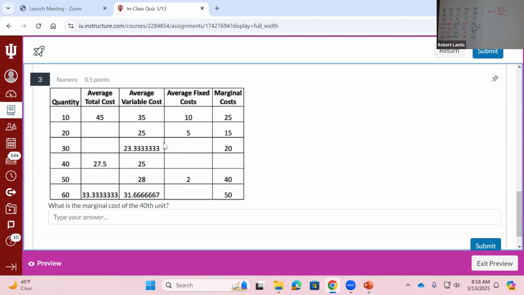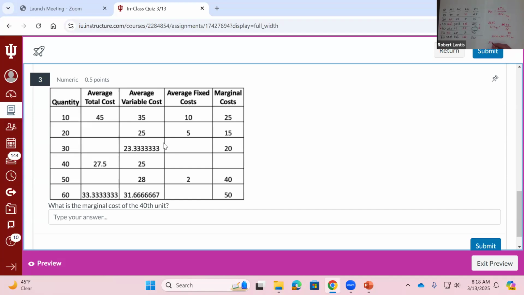Well, I don't have total costs here, but how can I find them? So my average total cost at 30 units was what? 26.66 repeated. That should be equal to my total costs over the quantity of 30. A little bit of algebra, 30 times 30 here. My total cost at 30 units would be 900.